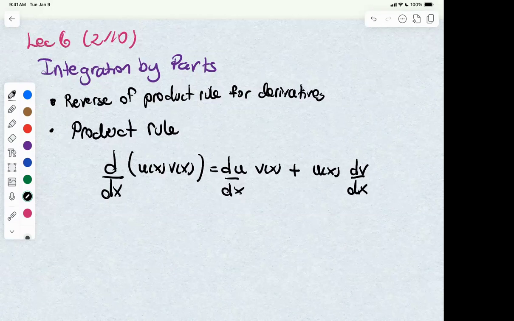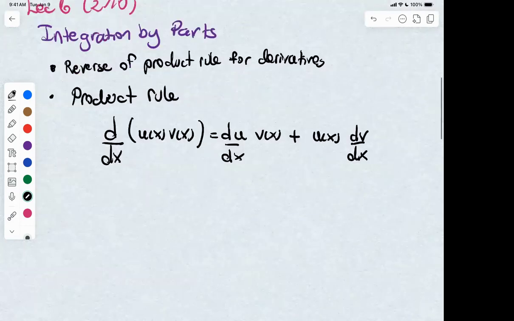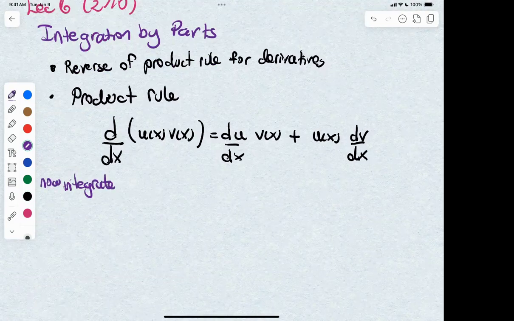So to find the integration by parts formula, what I'll do instead is integrate both sides of this equation with respect to x. Now we integrate both sides of the equation with respect to x.